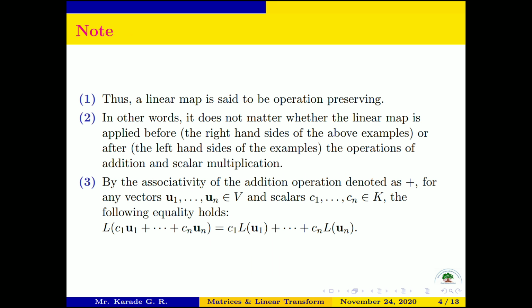When you operate L on c1 u1 plus dot plus cn un, the result is equal to c1 L u1 plus dot plus cn L un. So this is the generalization of these two conditions which we have stated above in the definition.